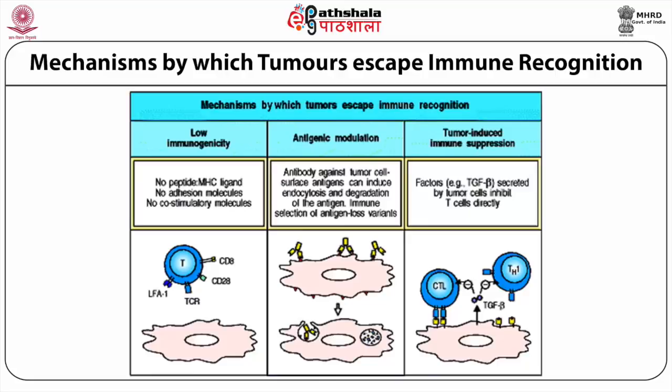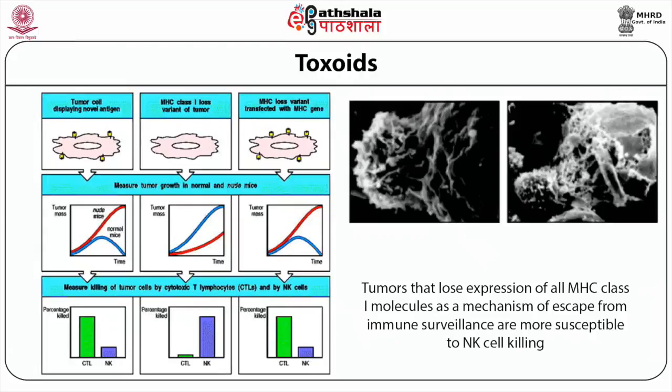Tumor genes are also prone to mutation, so the mutants are one step ahead of the immune response. Tumor cells of colon and cervical cancer show loss of expression of MHC class I molecules. This prevents attack by CD8 T cells. However, such tumors can be attacked by NK cells.